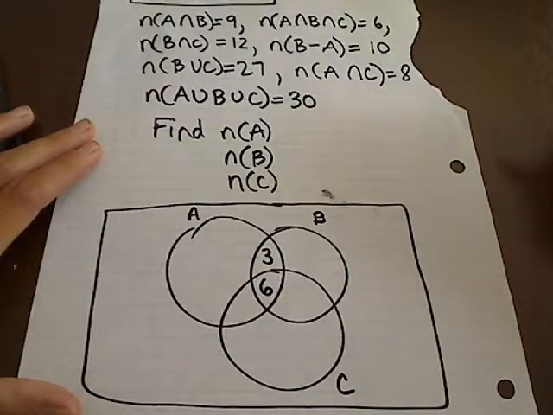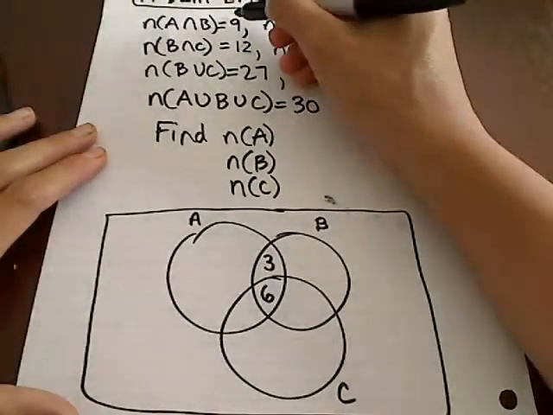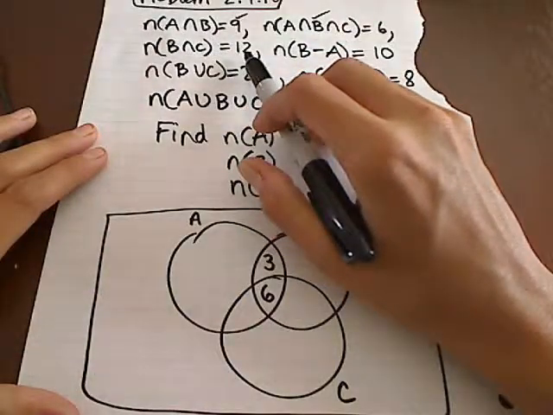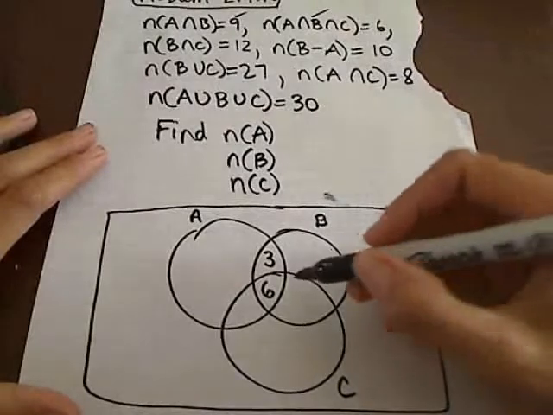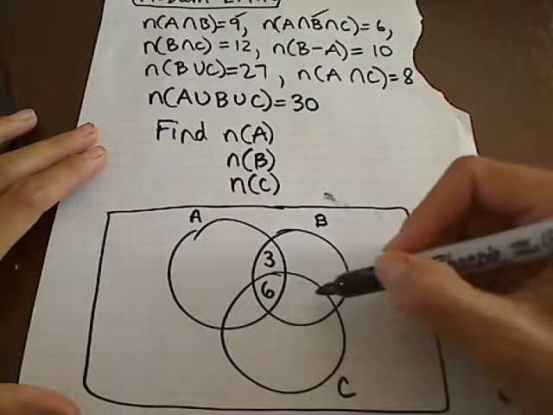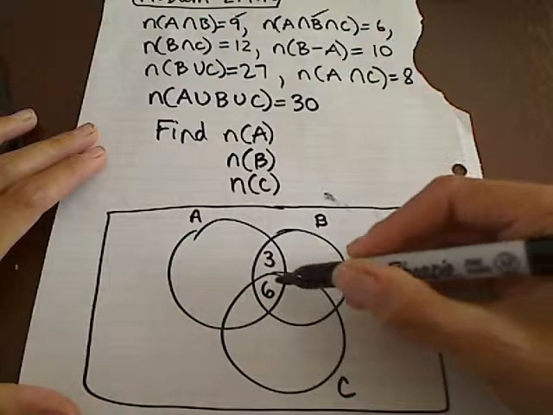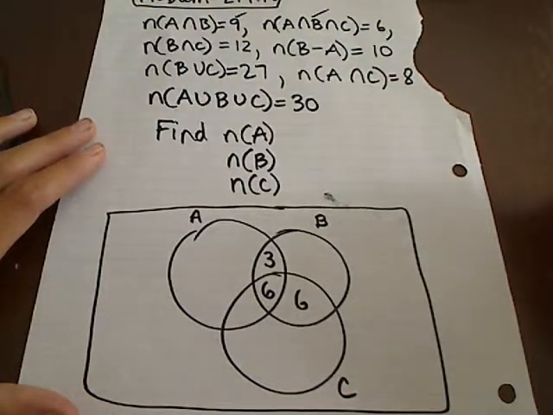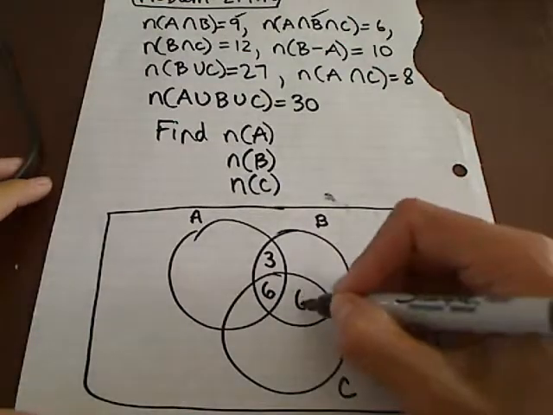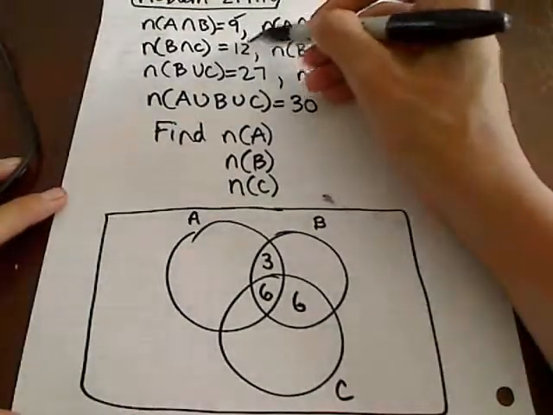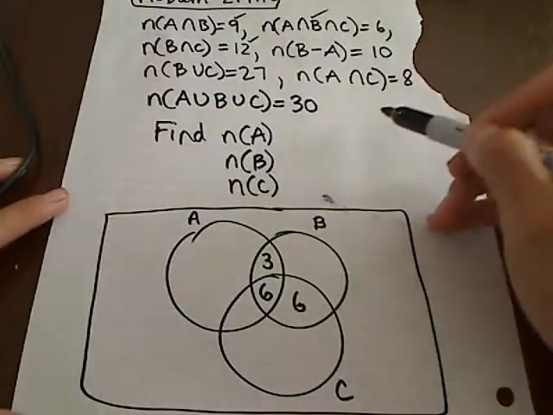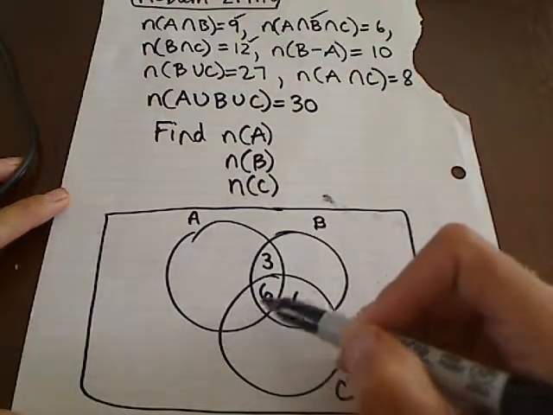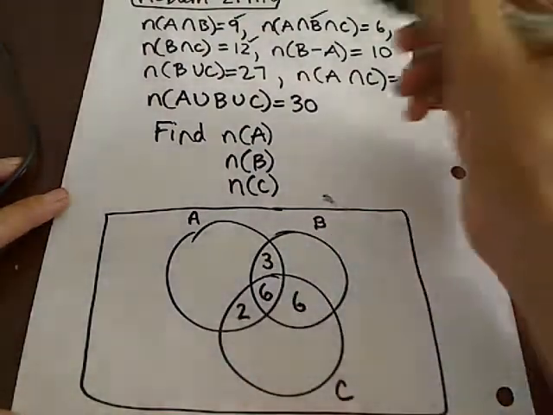I'm going to use B intersect C next, so that's 12 elements, and we use the same logic. There's 6 elements here and a total of 12 between these two regions, so this has to have 6 elements. Then over here, A intersect C is 8, so that's these two regions. So this must be a 2.